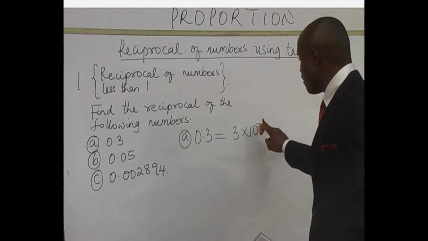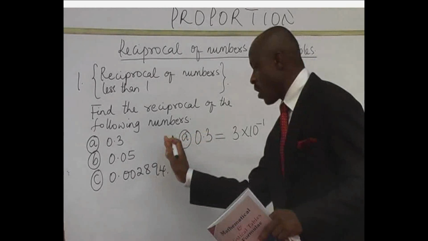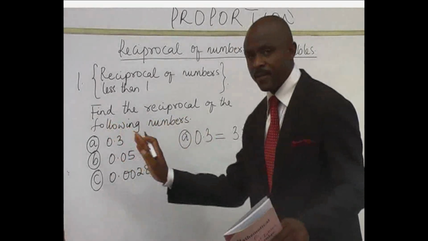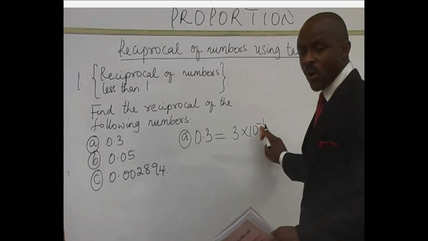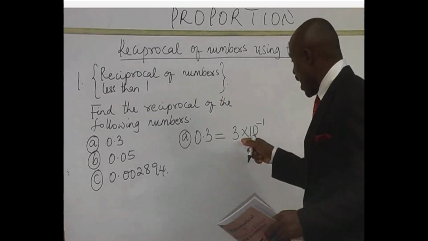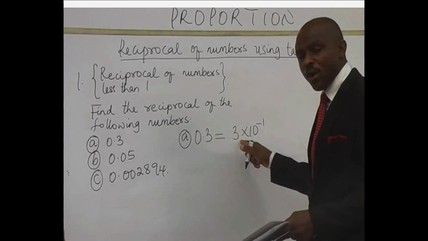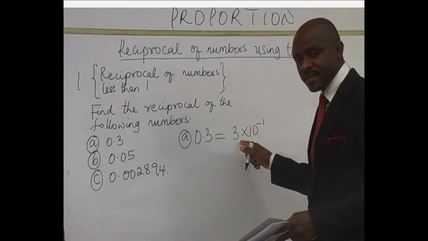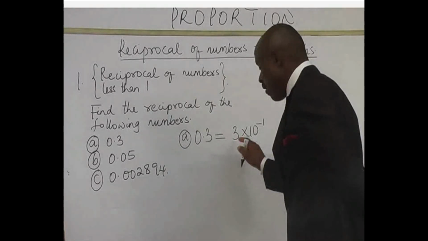That was why you have minus 1. Had it been that you moved the decimal from the right to the left, this will be plus 1, not minus 1. So now you have written the number in standard form. The next thing you are going to do is find from your 4-figure table.